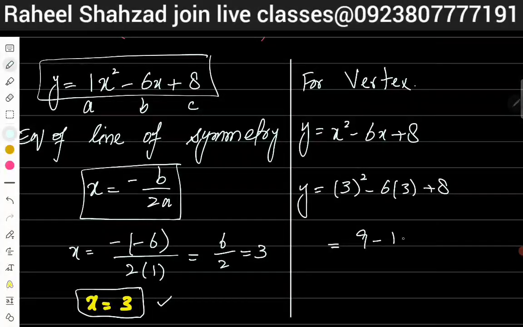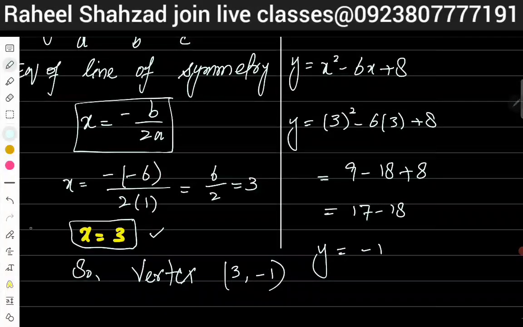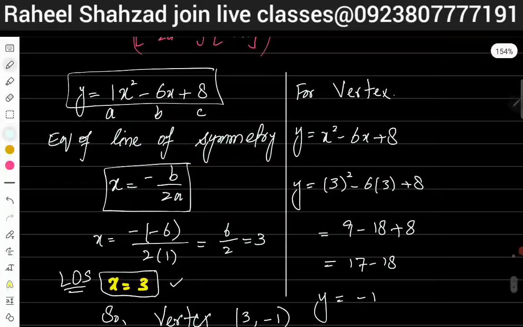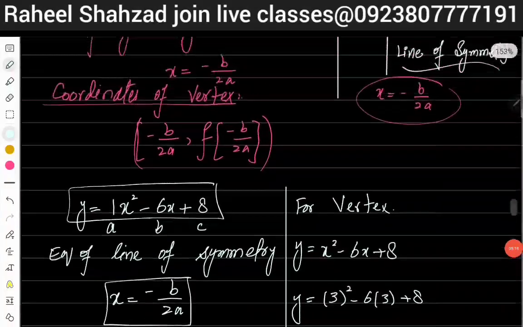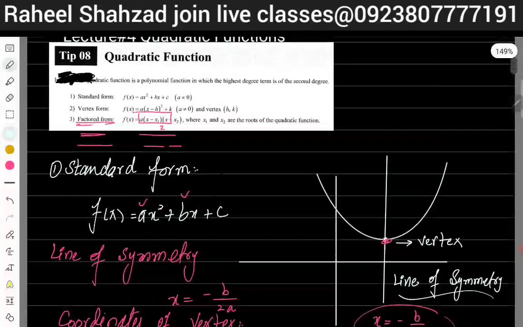So it's 9 minus 18 plus 8, that makes it 17 minus 18, and y equals -1. So your vertex is (3, -1), and the line of symmetry is x equals 3. So I hope it's clear. This is how we find the equation of the line of symmetry and the vertex, okay, if it is in standard form.